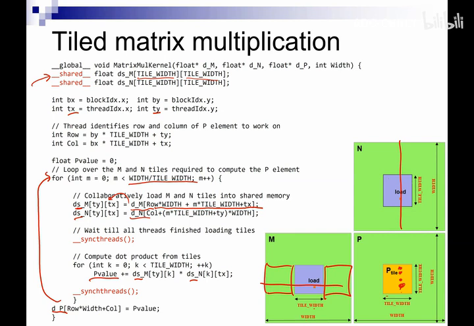By the way, I'll mention this again later, but these values here are stored in registers. Variables that you declare as automatic variables are by default stored in registers.